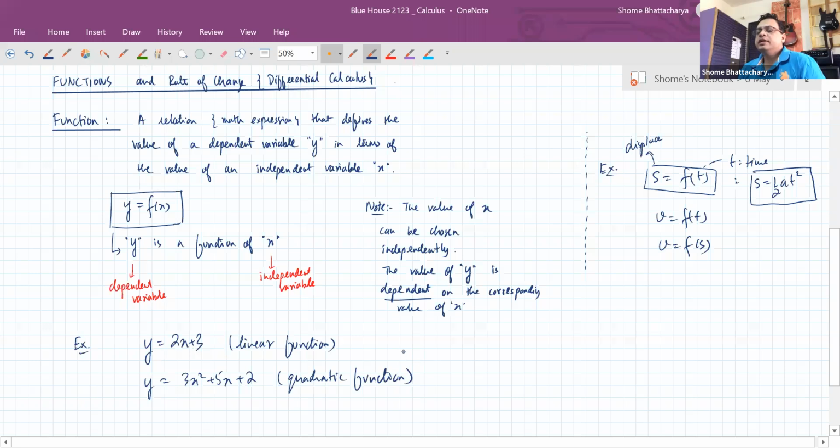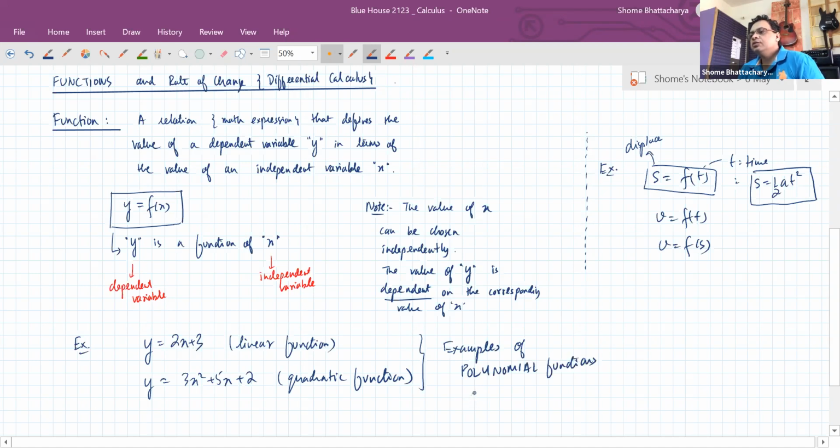Both linear and quadratic functions are particular members of a certain family of functions, which we call polynomials. These are examples of polynomial functions. Okay.